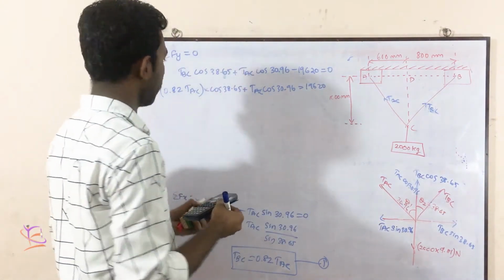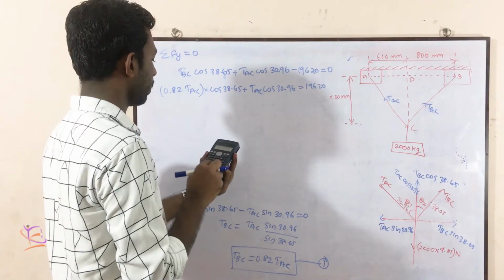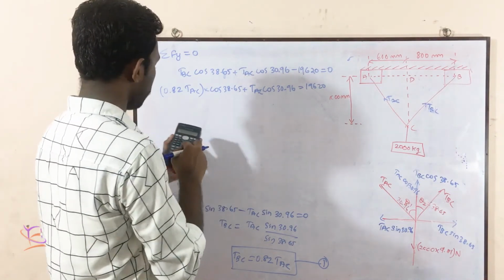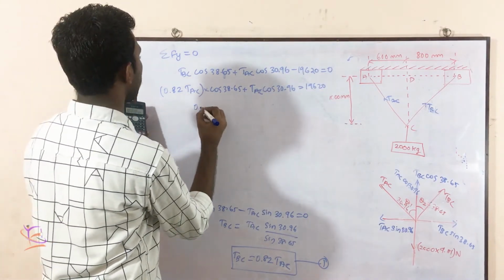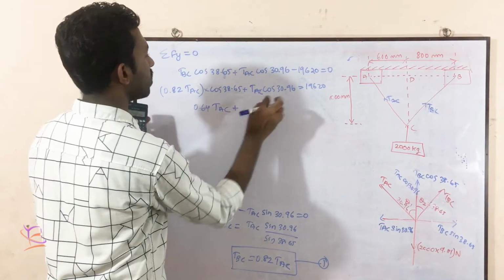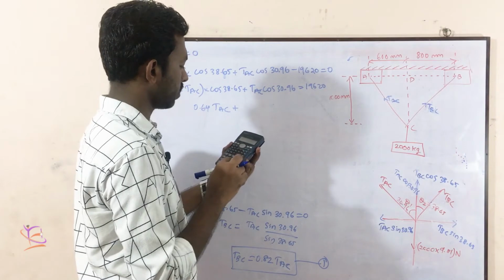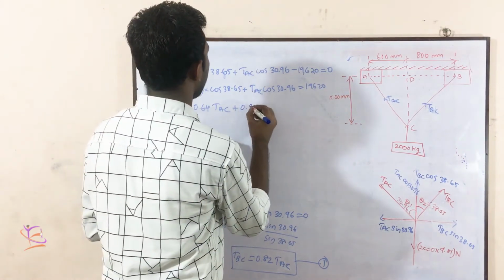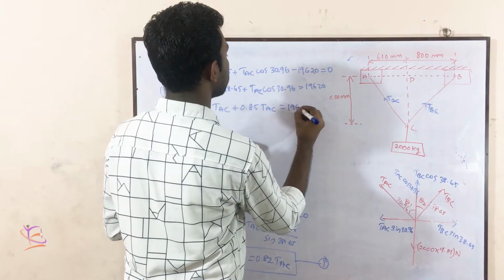Now you are doing the calculation. So cos 38.65 into 0.82 will become 0.64 TAC, plus cos 30.96 equal to 0.85 TAC equal to 19620.